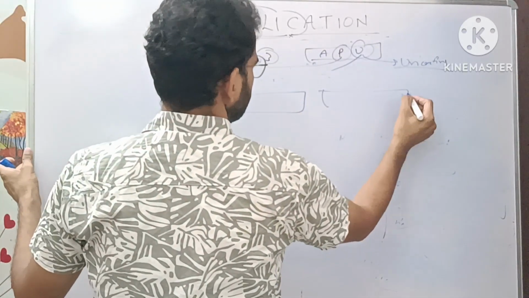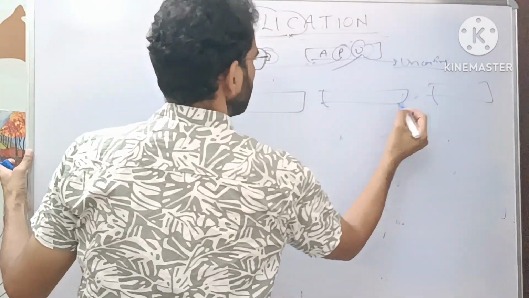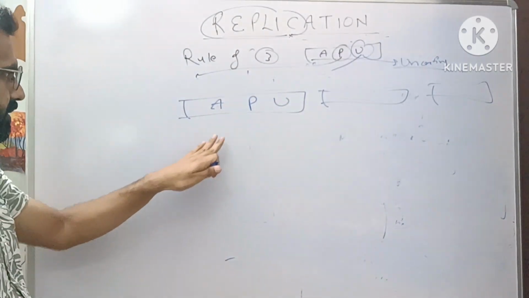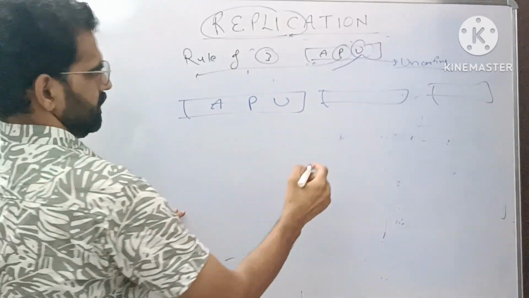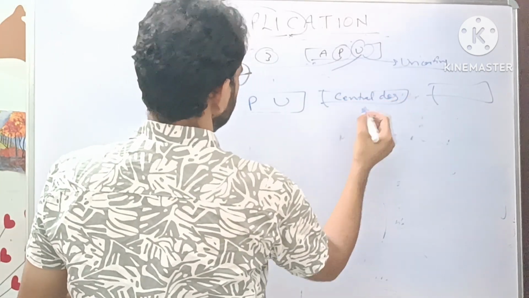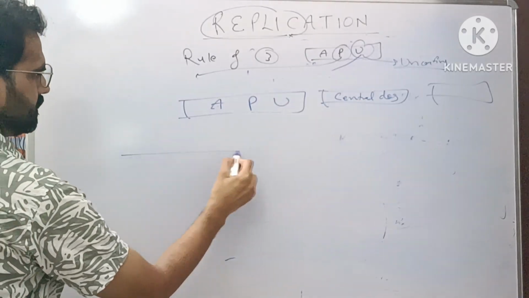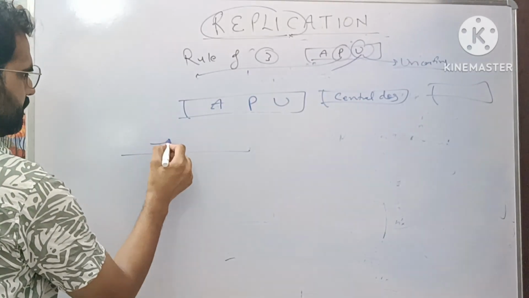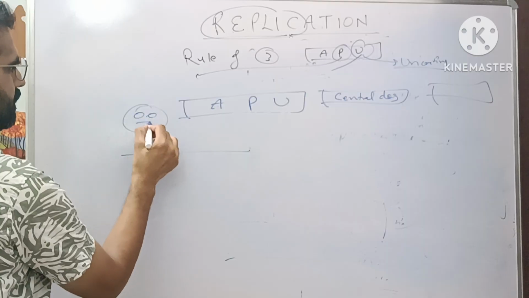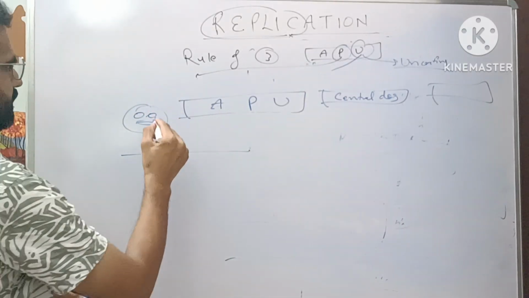So today we discussed the rule of 3 with the first initial 3 steps: attachment, penetration, uncoating. In the next section we'll discuss central dogma. For this attachment we took the example of the influenza viruses.